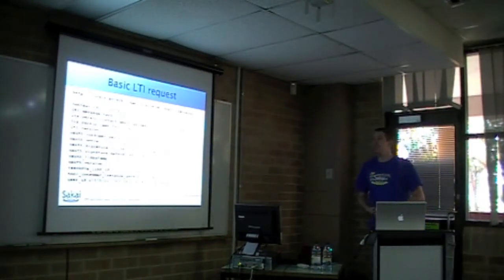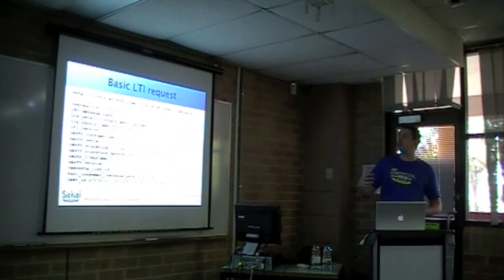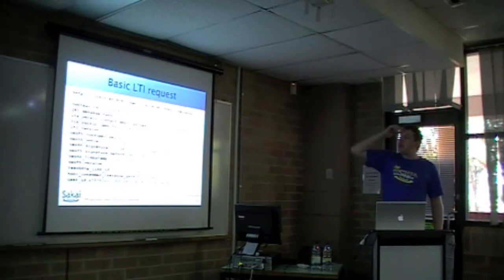A bit of a techie part now, what an actual Basic LTI request looks like is essentially just a post request with a bunch of parameters in it, just like a normal HTTP request. The one at the top is the URL that the request is made to.